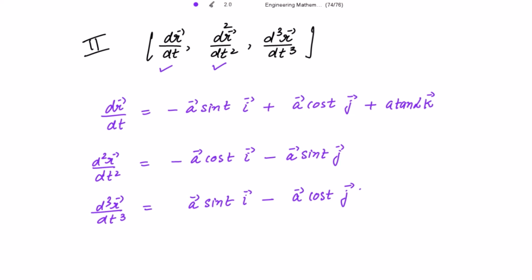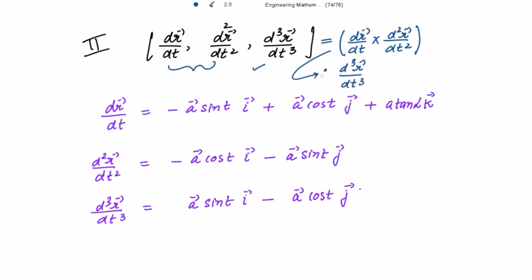Okay, let's take the scalar product. The scalar triple product of these three vectors is equal to the cross product of first two vectors and then having its dot product with the third vector. Okay, what is the cross product of these two?